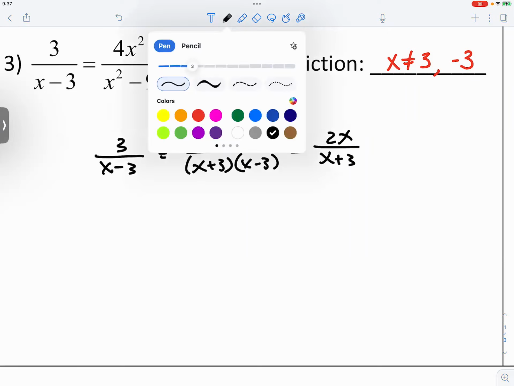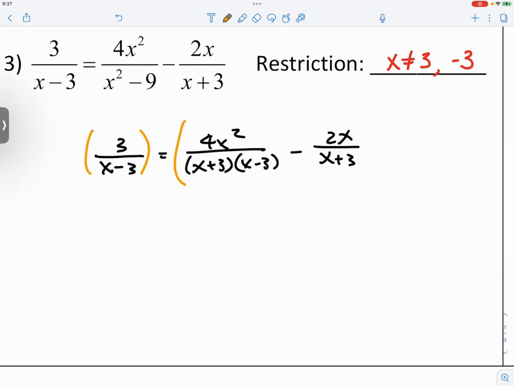And now that you have this x squared minus 9 factored, then now we ask the same question that we asked in the previous 2 questions, which is, what would be the common denominator of these fractions? That would be x plus 3 times x minus 3.